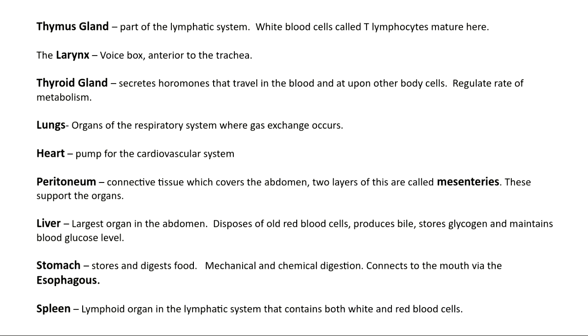There are some definitions here. All right, so just know thymus gland. Well, the thymus gland is part of your lymphatic system, right? So it's part of creating blood cells, white blood cells. And remember, your lymphatic system is a series of tubes.